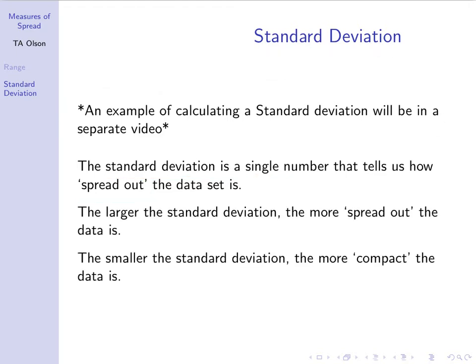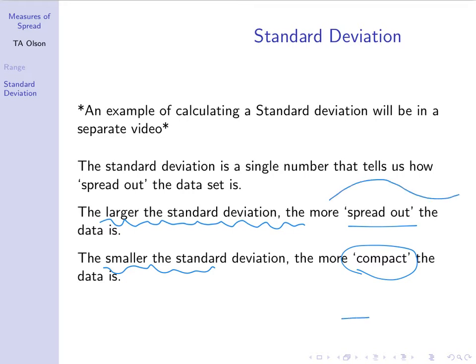The larger the standard deviation is, the more spread out the data is, and the smaller the standard deviation is, the more compact the data is. We might have spread out data here and compact data here.